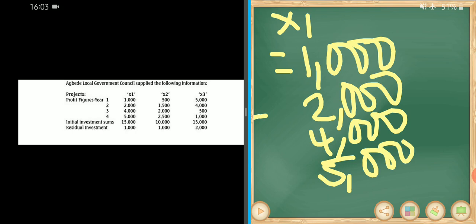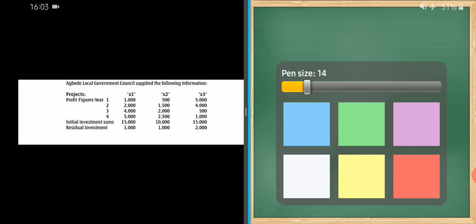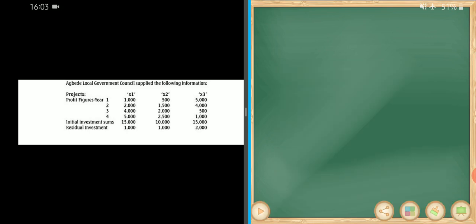By the time we add this up together, we have 12,000 naira. Now remember I told us that you will add up your profits for the years given to you, then divide it by the number of years. So for project X1, we've gotten that our total profit is 12,000 naira.